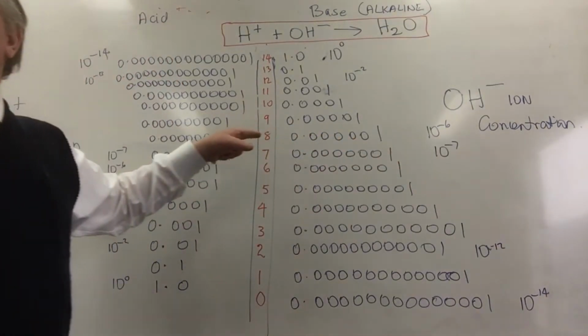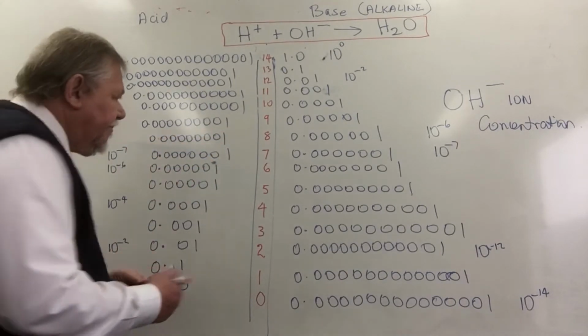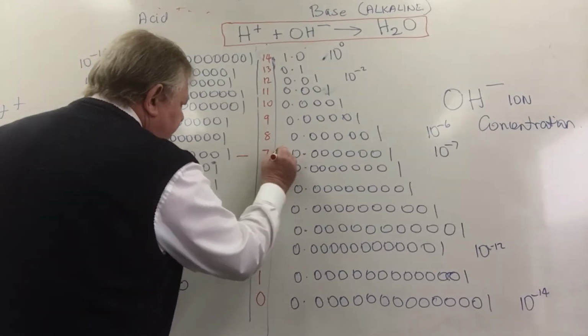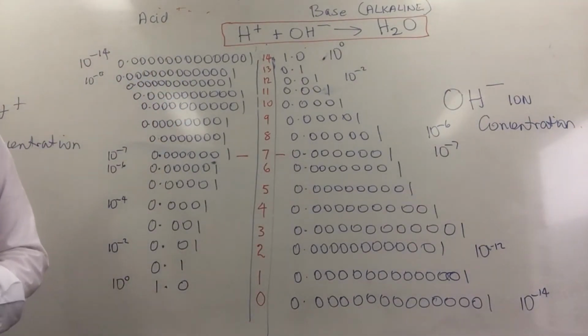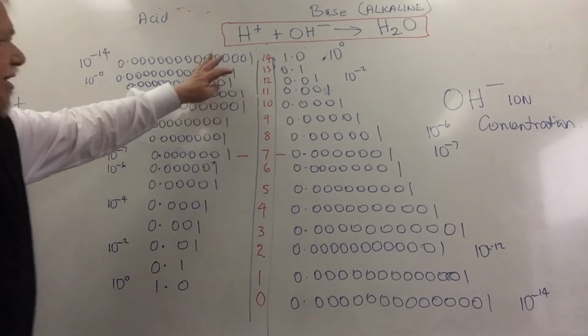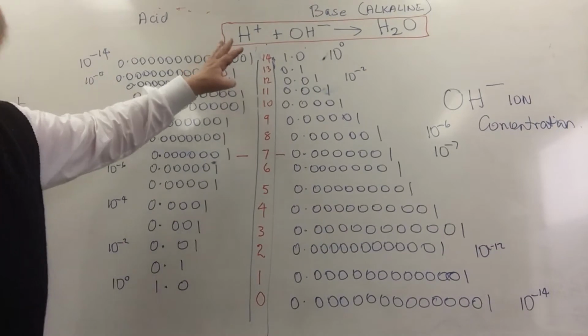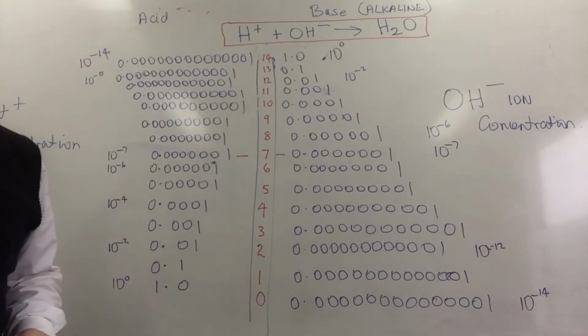When we have distilled water, the pH is 7. The pH ranges between 0 and 14, and right here in the middle, the pH is 7.